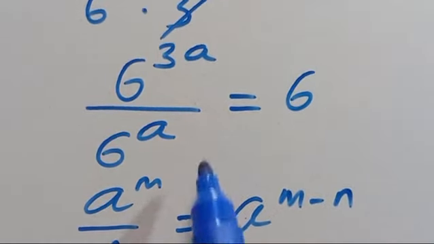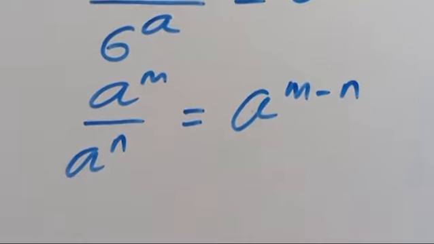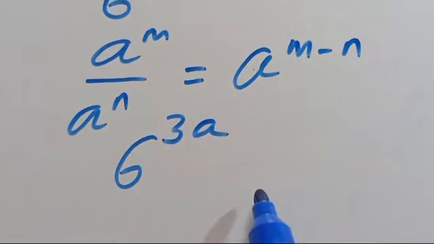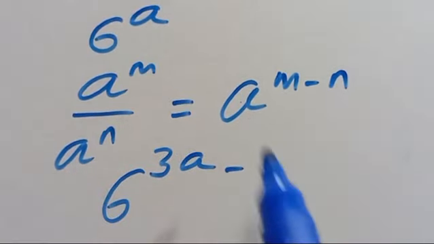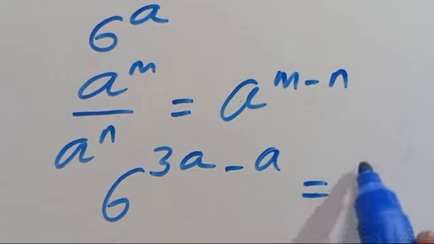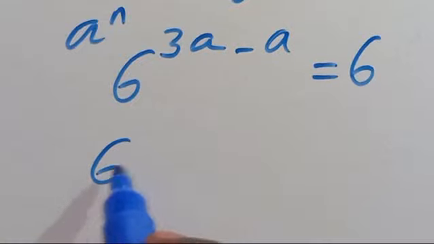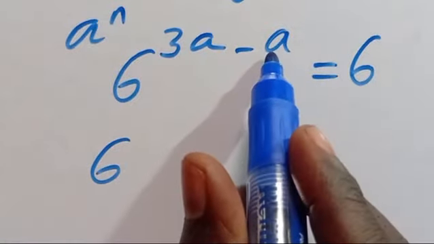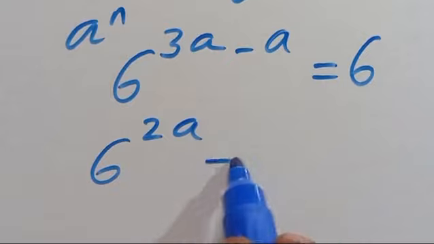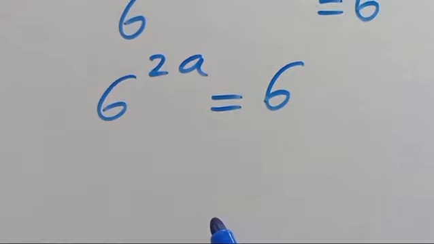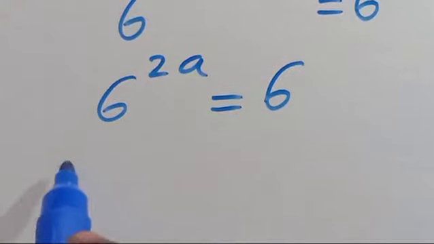So applying it here, we can also have 6 to the power of 3a minus a equals 6. So we can have 6 to the power of 3a minus a, which will give us 2a, equals 6.